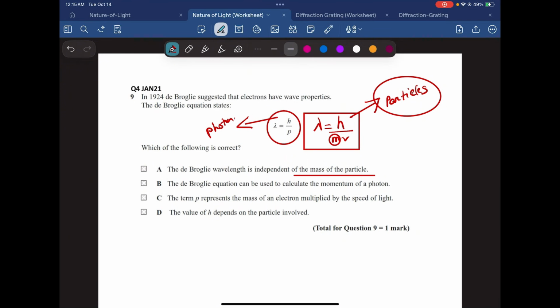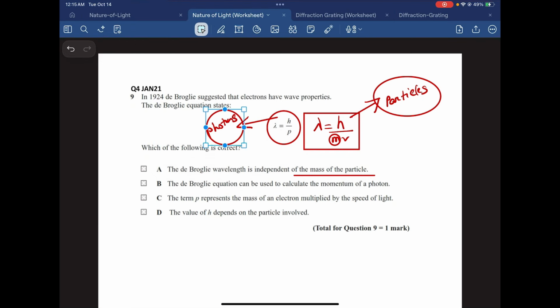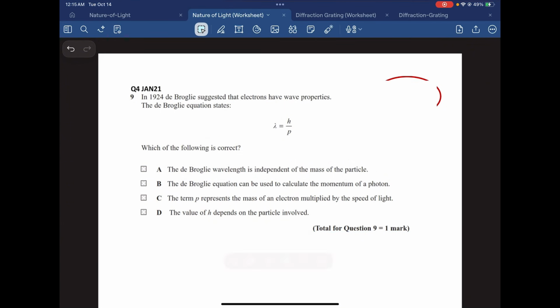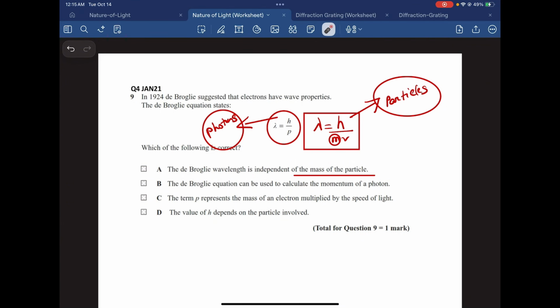When we write the same formula for photons, we cannot break it down like this, because photons do not have any mass. So if you need to break down p, you cannot write mv for photons. You can only write mv for particles, no matter whether it is an electron, neutron or proton. The same formula can be used for both of them, but this p cannot be broken down into mv for photons. For photons, you will have to keep the formula like this.